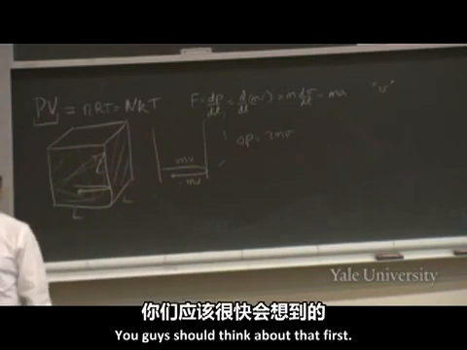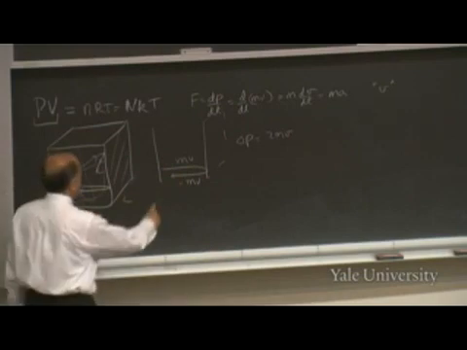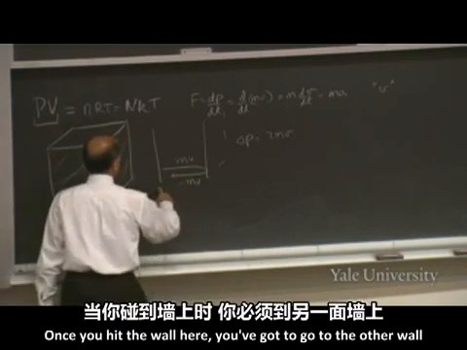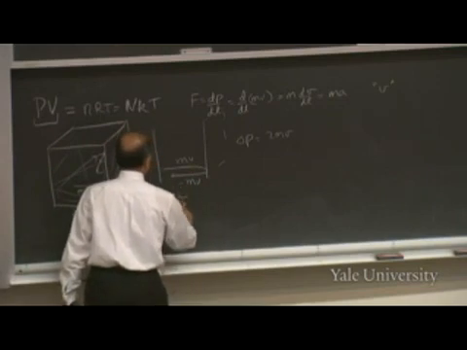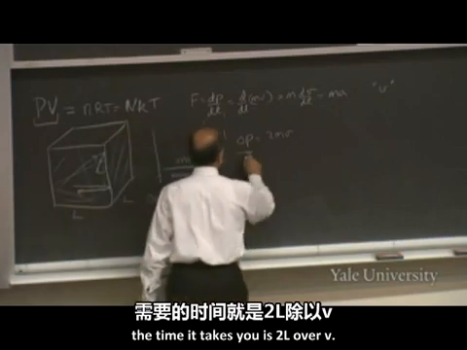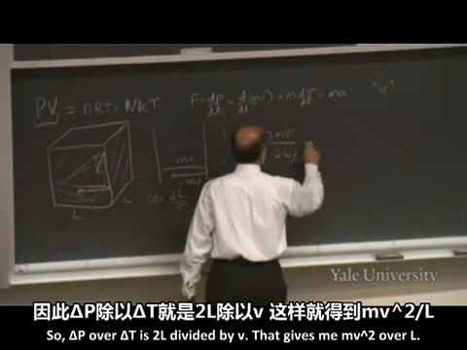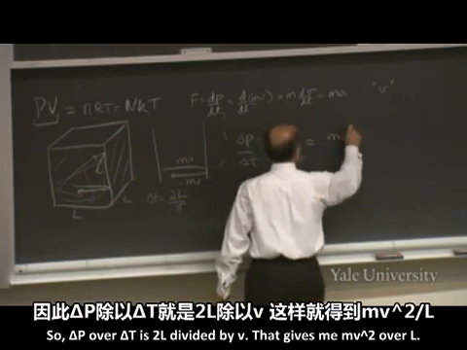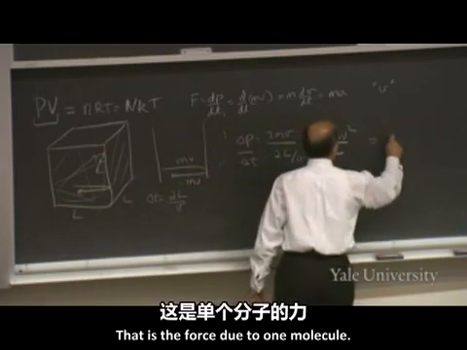You guys should think about that first. How often will that collision take place? Once you hit the wall here, you got to go to the other wall and come back. So you got to go a distance 2L, and you're going at a speed v. The time it takes you is 2L over v. So delta p over delta t is 2mv divided by 2L over v. That gives me mv squared over L. That is the force due to one molecule.